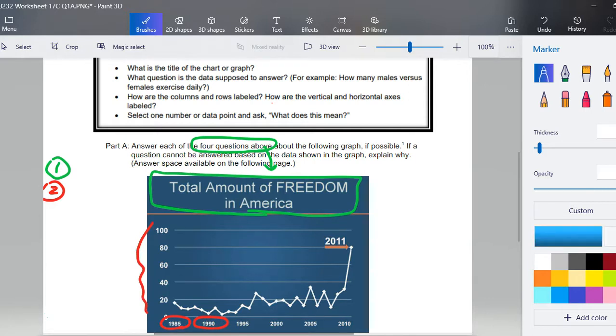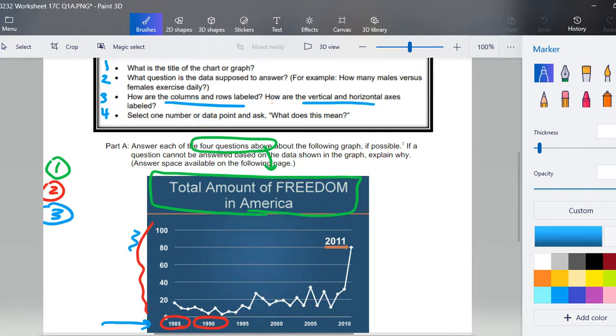So move on to question 3. So here's our 1, 2, 3. How are the columns and rows labeled? And so, how are the vertical axes labeled? Based on the context of what we're noticing, it appears that the horizontal axis represents years.